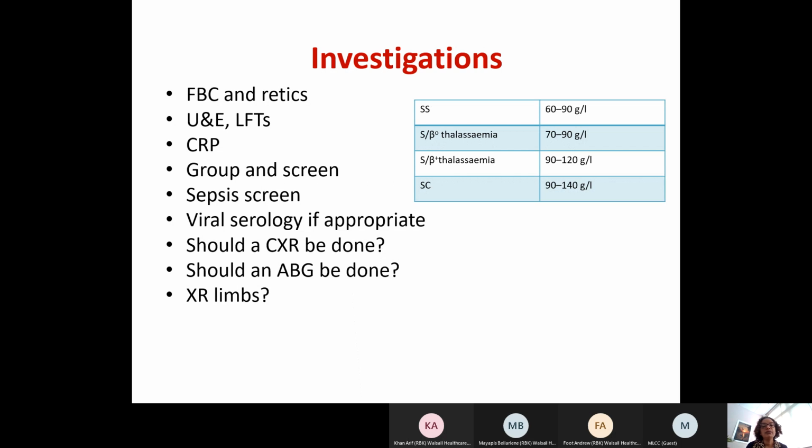And I would always make sure we do a group and screen when the patients present, because if they run into complications later on, at least we have a group and save sample in place. A sepsis screen if there are elements of sepsis, and if there are changes to suggest a virus, be it parvovirus, say for example, or somebody with acute hepatitis, then viral serology if appropriate.